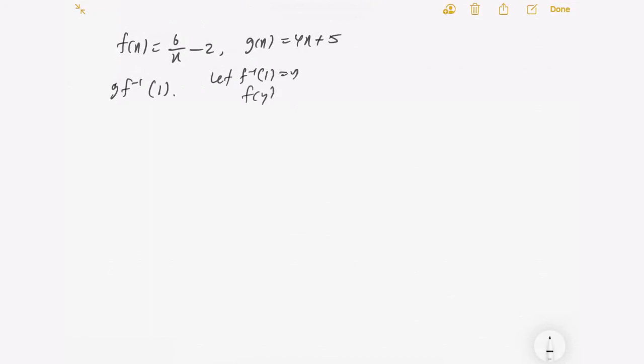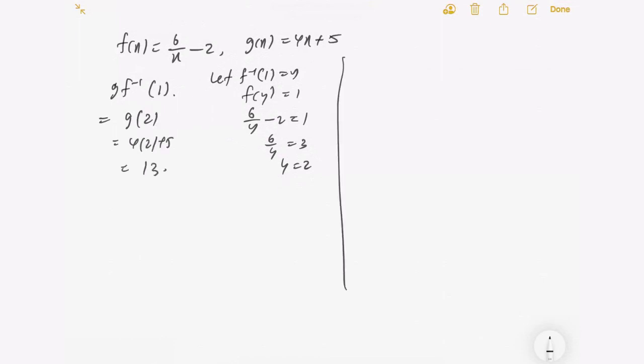So f y becomes 1. So 6 over y minus 2 is now 1. 6 over y is now 3. y is now 2. Now notice, I didn't inverse the function f x, I just straight away solved for y, and y is my f inverse 1. So my f inverse 1 is now 2, so this is now g 2, put the 2 inside. This is very straightforward, answer is 13.